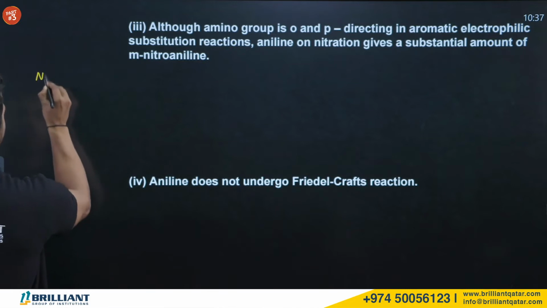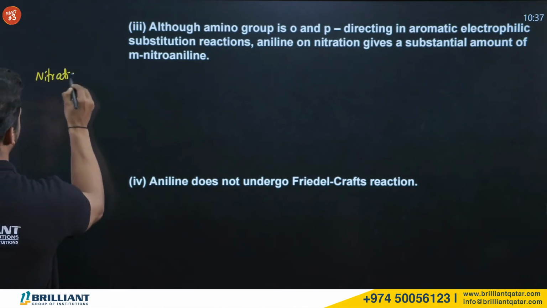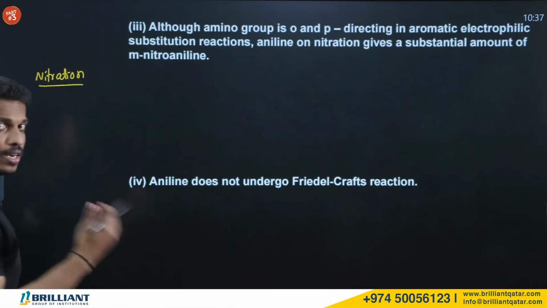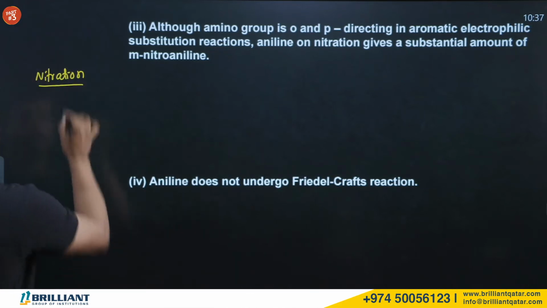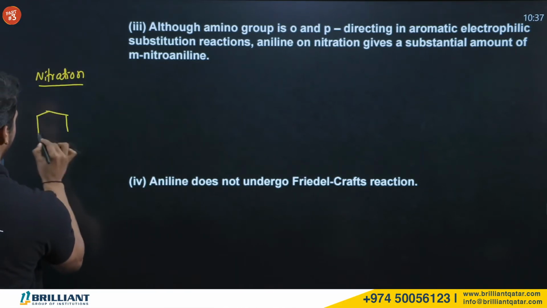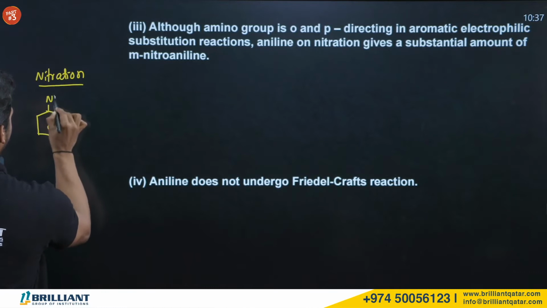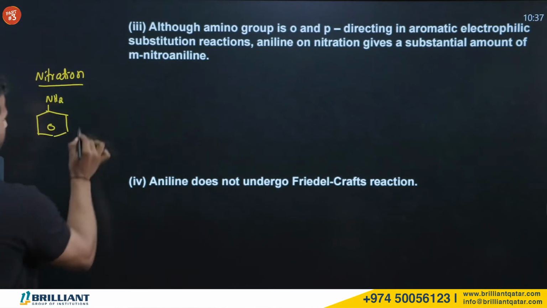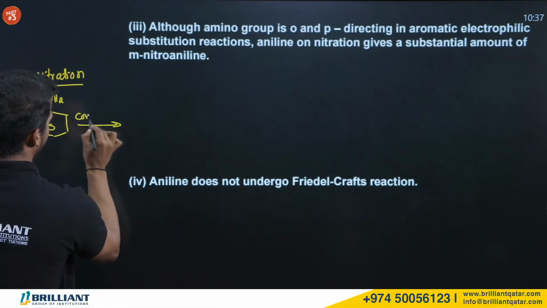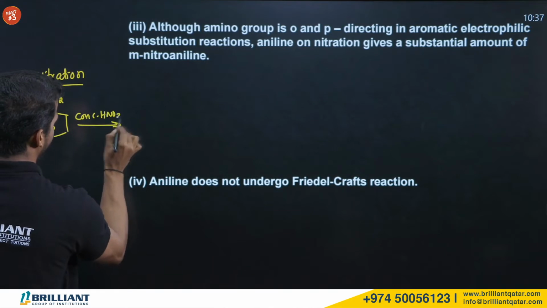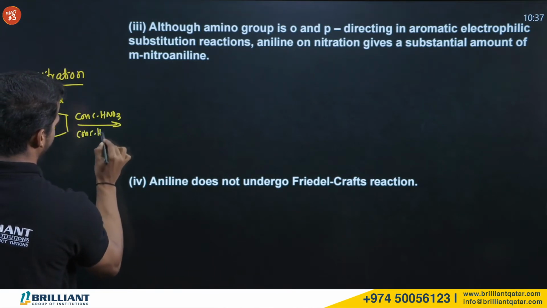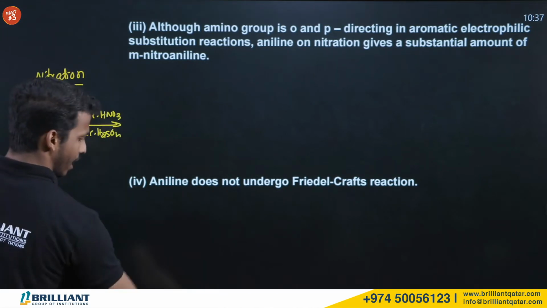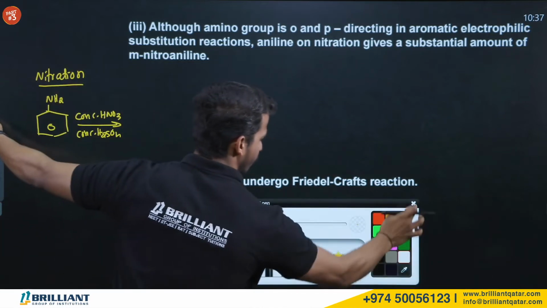You may have studied the part called nitration, electrophilic substitution. You studied nitration and bromination of aniline. Let me discuss nitration. Nitration means benzene with NH2, which is called aniline, and we are adding concentrated nitric acid and concentrated sulfuric acid. This is the nitrating mixture. What will happen?